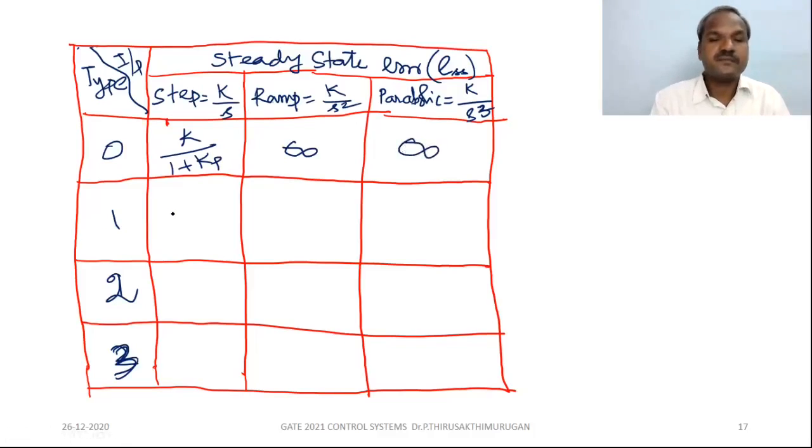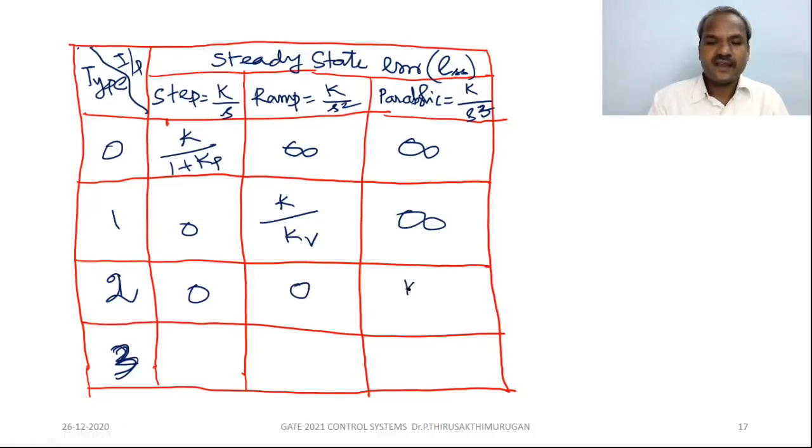Similarly, type 1 system, step input is 0. Type 1 system, ramp input is finite, that is k by kv, right? Then parabolic input, type 1 system is infinity. Then type 2 system, step input is 0. Type 2 system, ramp input is also 0. Type 2 system, parabolic input is finite.